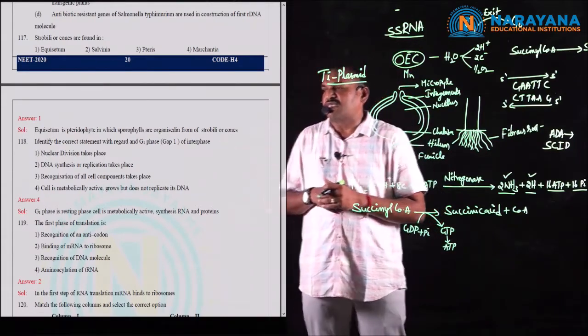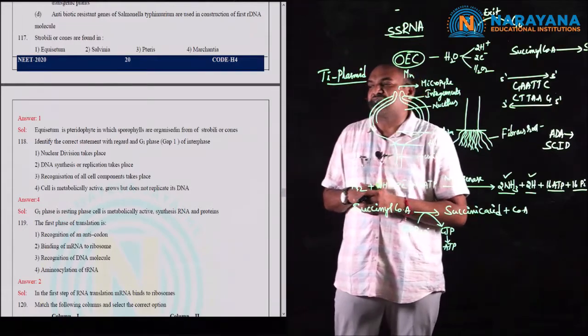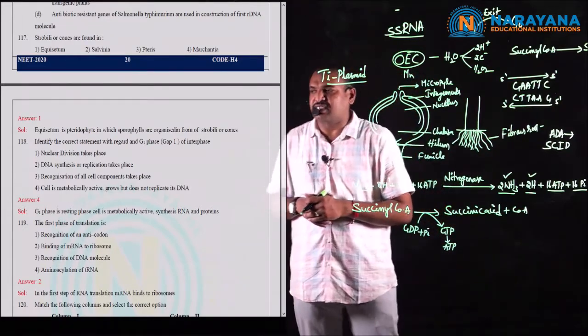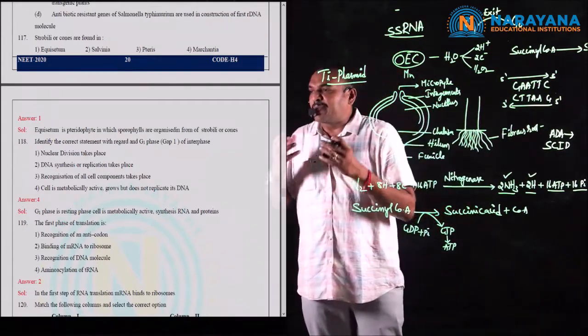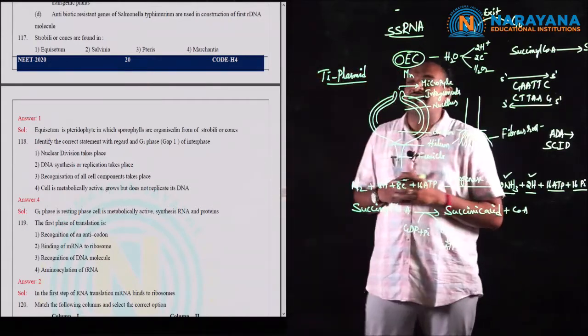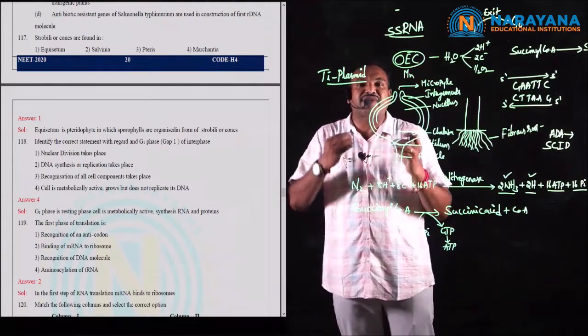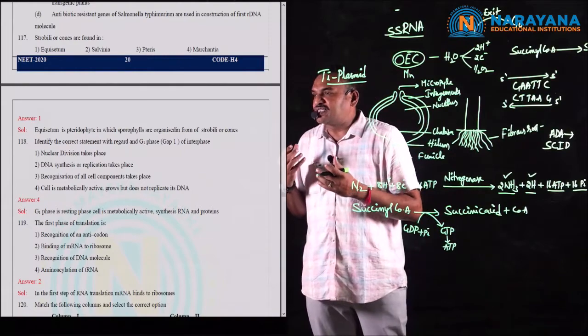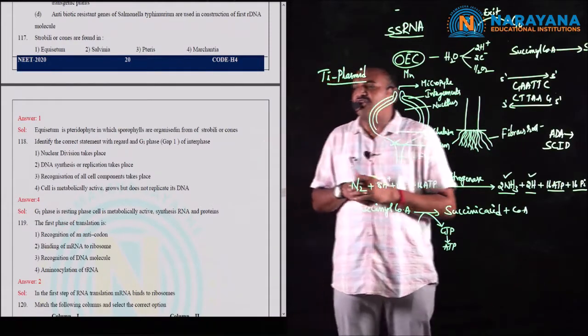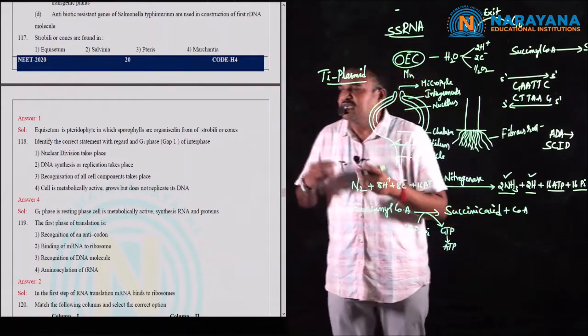The first option, nuclear division takes place. Nuclear division means karyokinesis. The second, DNA synthesis or replication takes place, which occurs during the S subphase of interphase. The third, reorganization of all cell components takes place.